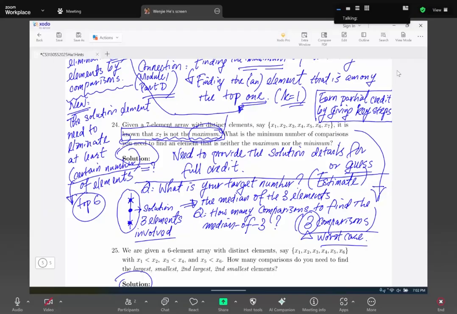Because we are guaranteed to use 3 comparisons to find a solution. The question, can we do better? If we add this given condition, can we do better than the case without the given condition, right?